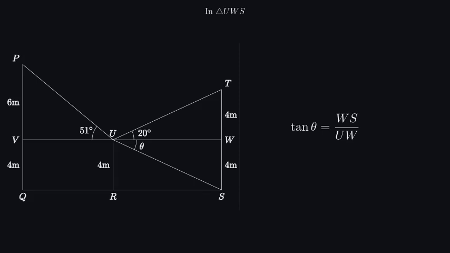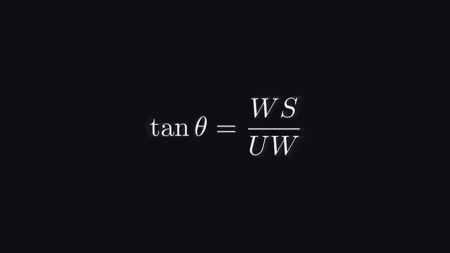With respect to the angle theta, the opposite side is WS and the adjacent side is UW. So we use tangent. Now substitute WS equals 4 and UW equals 10.9899. So the angle of depression is about 20.00 degrees, correct to 2 decimal places. This makes sense because TW equals WS equals 4 meters and the same horizontal distance, UW, is used.